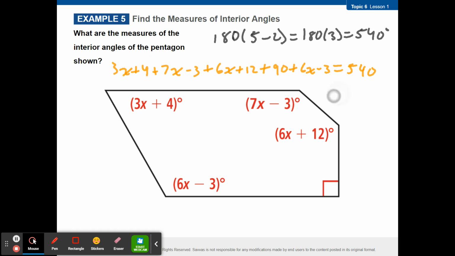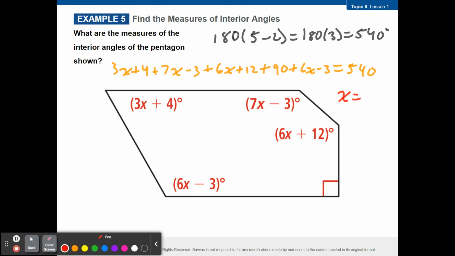So what do we get for x? Someone tell me. What do we get? Guys, what do we get for x? 20?